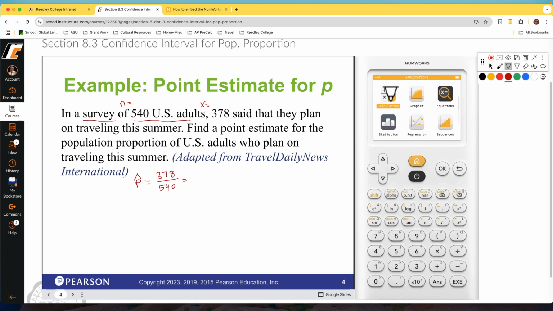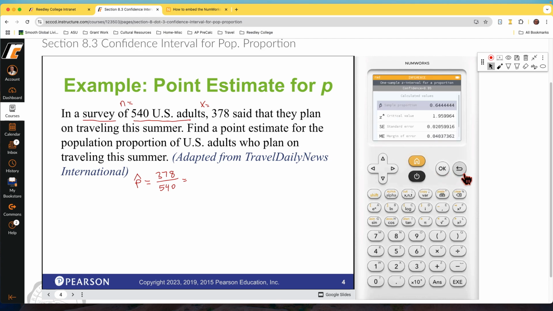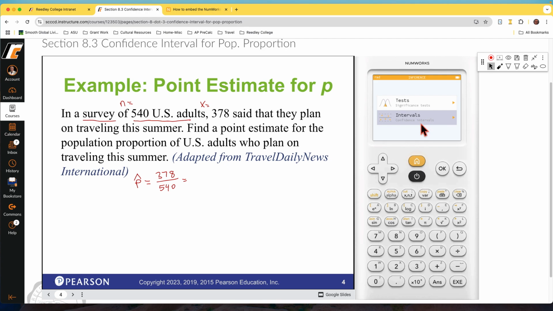I'm going to show you that we don't have to calculate it with the standard part of the calculator. We can actually come to inference, and this is one of the first things that it's going to do for us. I'm going to have to back up here. So what we're working on from inference, step by step, we're doing intervals, confidence intervals. This time we're going to do one proportion, and notice it's going to be a z interval, not the one mean where we have two choices, either a t or a z interval.